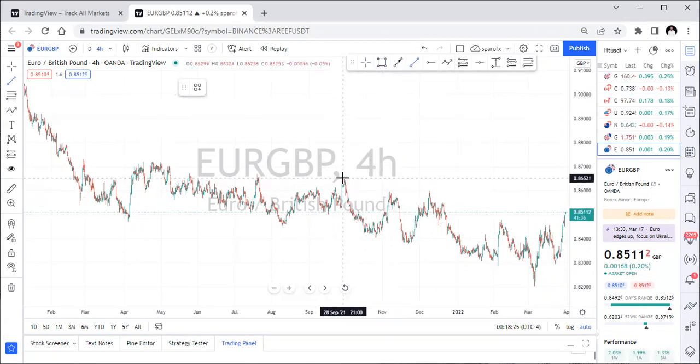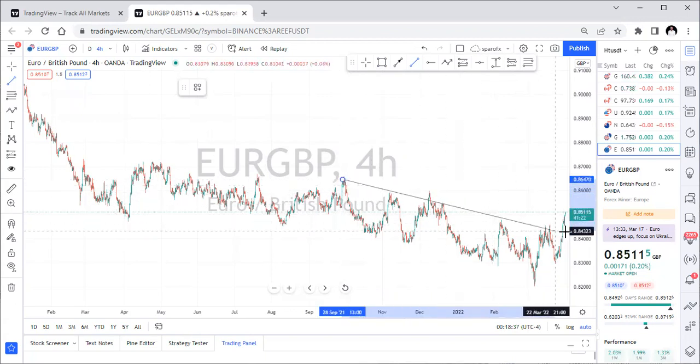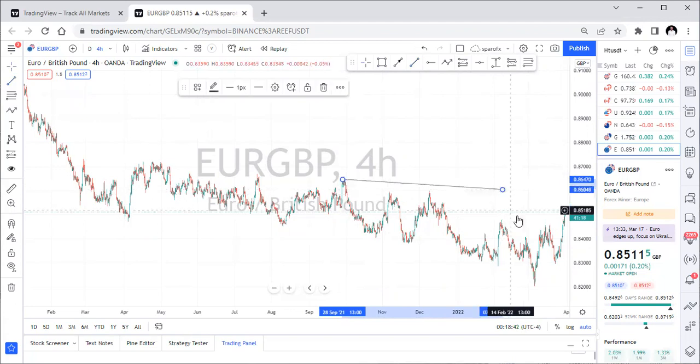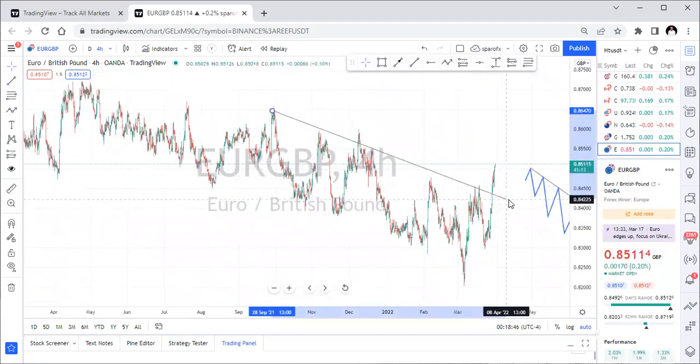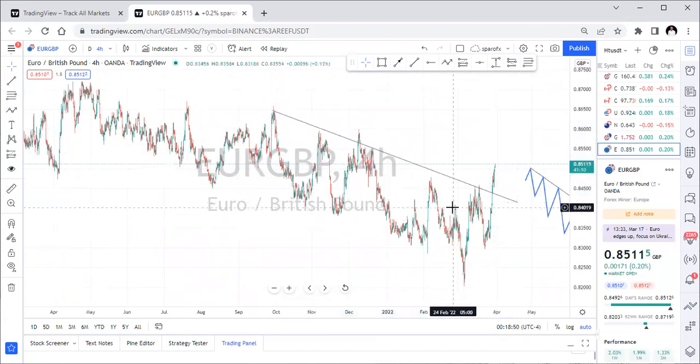You can see the market follows a rhythmic pattern of lower lows and lower highs, showing us that we were in a downtrend. So you can connect as many highs as possible together.